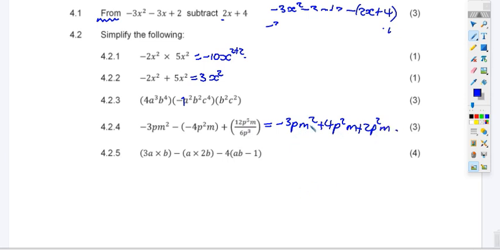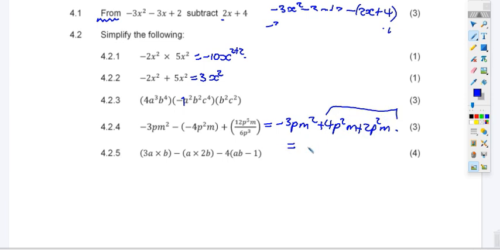Now we have three terms: minus 3pm squared plus 4p squared m plus 2p squared m. Do you notice that these two are like terms here? p squared m, p squared m. So we simplify them.